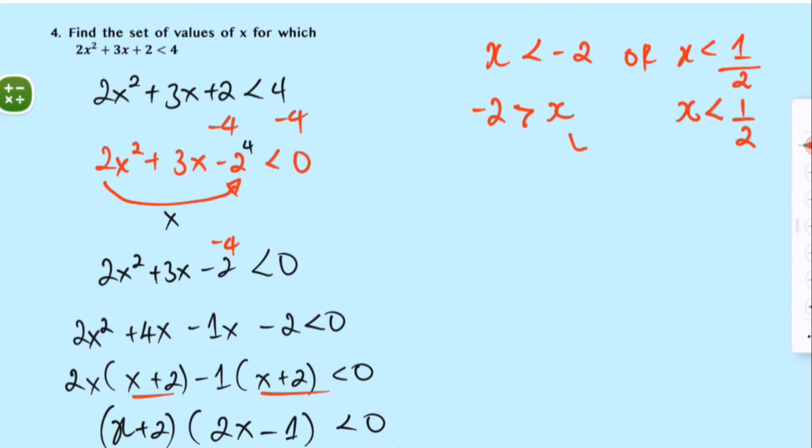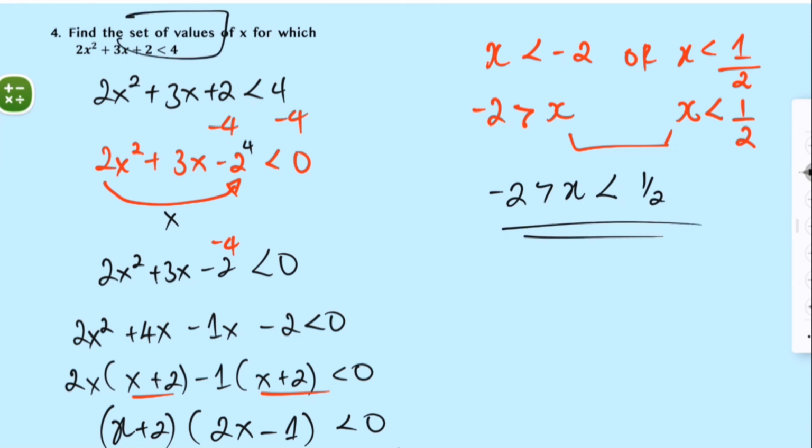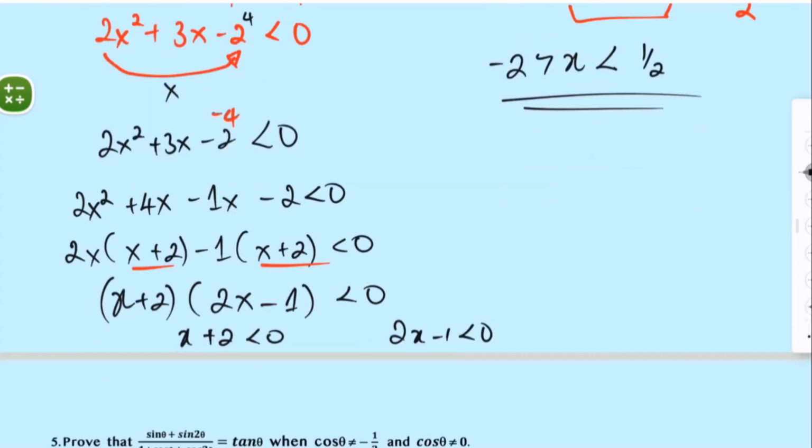So we have x in the middle, we combine it to get our interval: -2 less than x, but less than a half. And now for the set of values, well, this already represents the set of values. You can write them out if you want to, but then there's going to be a lot of them. So question number 5.